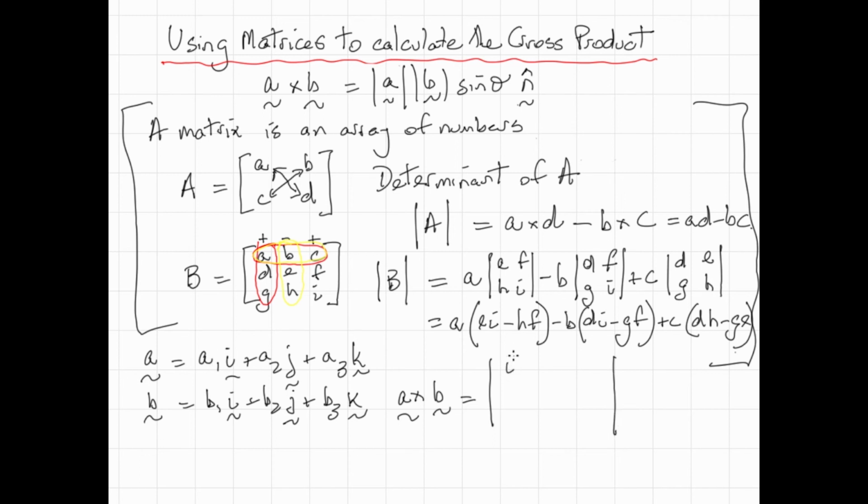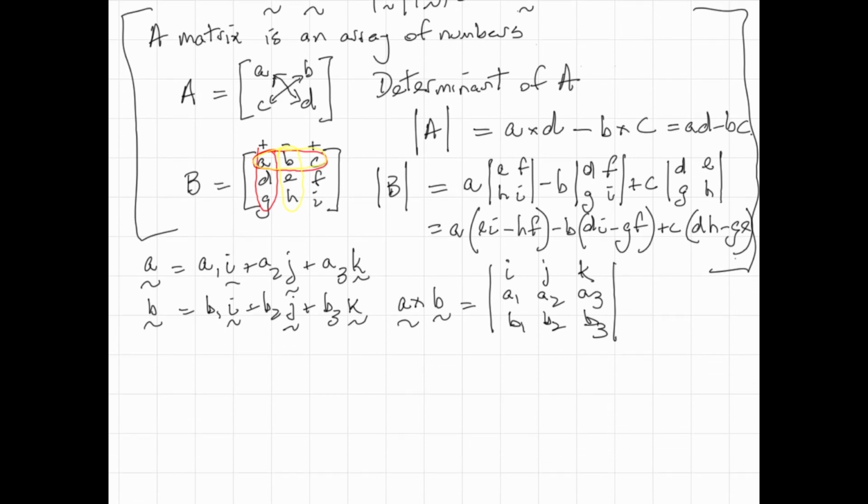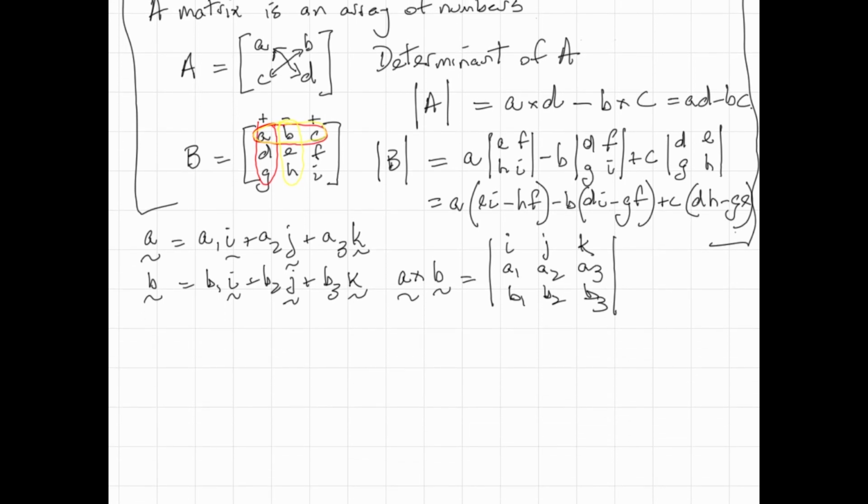We write i, j, and k as our first row, always. Then we write the first vector on the second row. So it'll be A1, A2, A3, and then we write the second vector in the third line. So we've got B1, B2, B3.